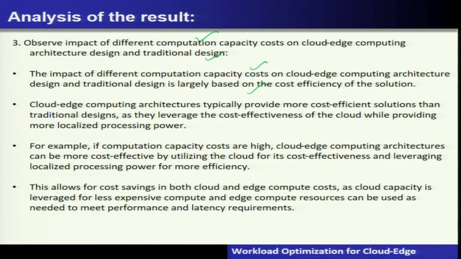For example, if the computational capacities are high, the cloud edge computing architecture can be more cost effective by utilizing the cloud and leveraging localized processing power. This allows cost savings in both cloud and edge compute cost, and cloud capacity is leveraged for less expensive compute, while edge compute resources can be used as needed to meet the performance and latency requirements.